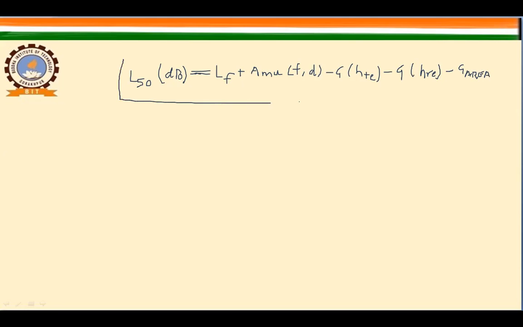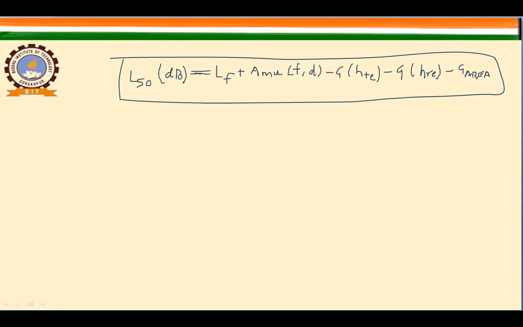This is our Okumura equation number 1, and this is the Okumura path loss equation.